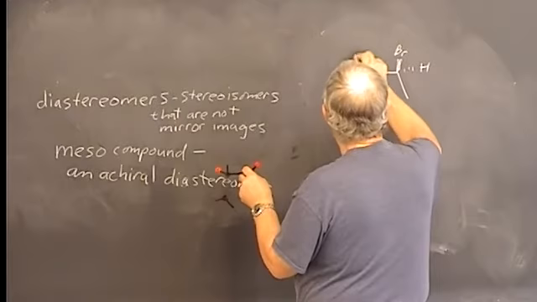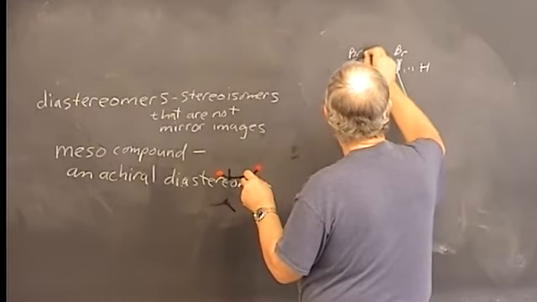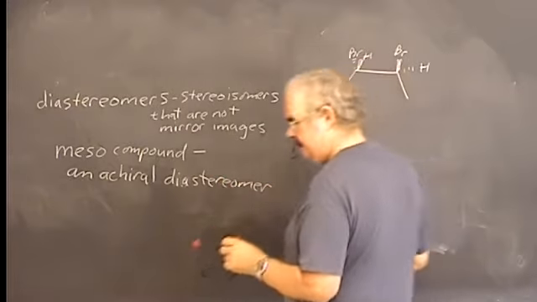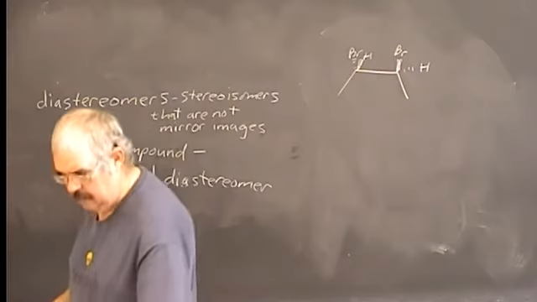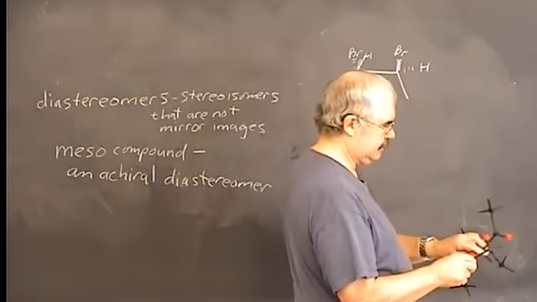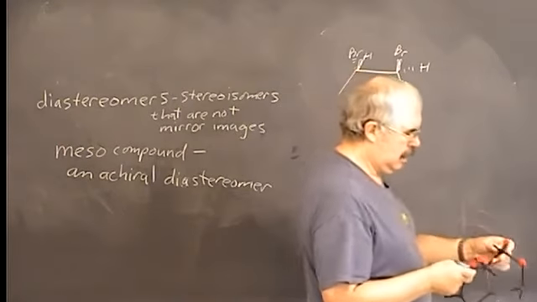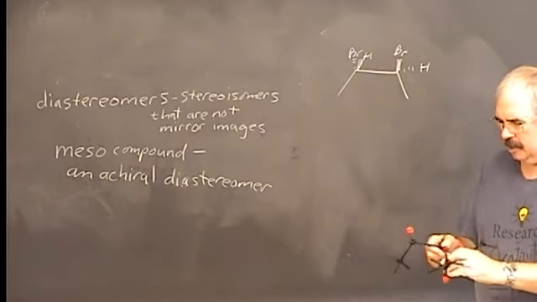This one has bromine going back, hydrogen coming forward, like that. And it has an enantiomer. Okay, so here's the mirror image.